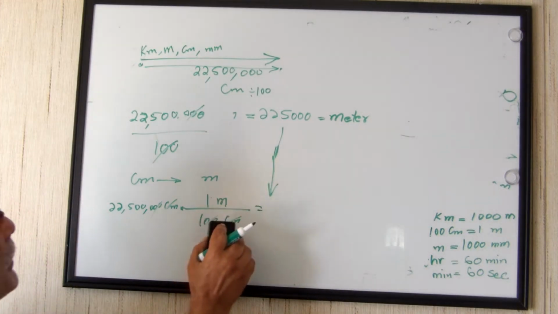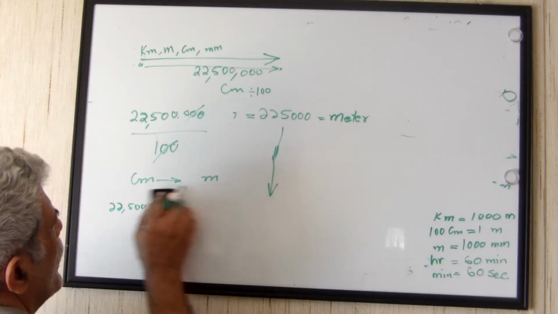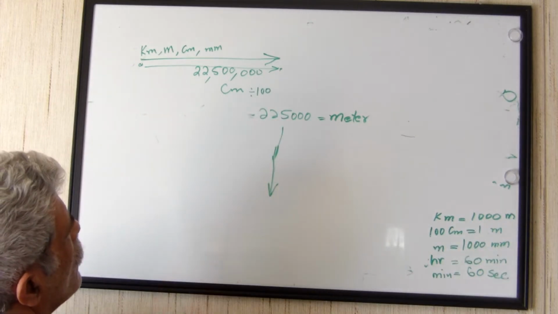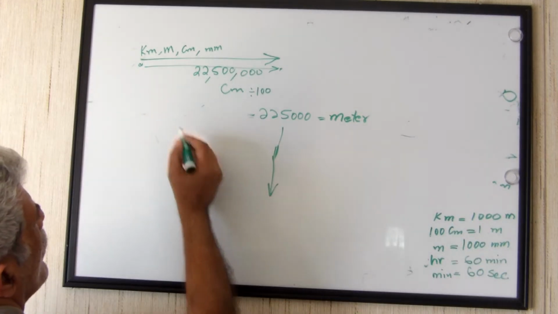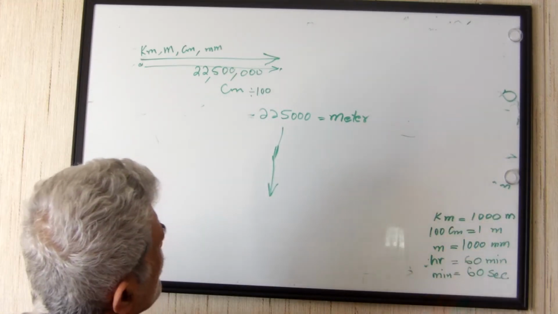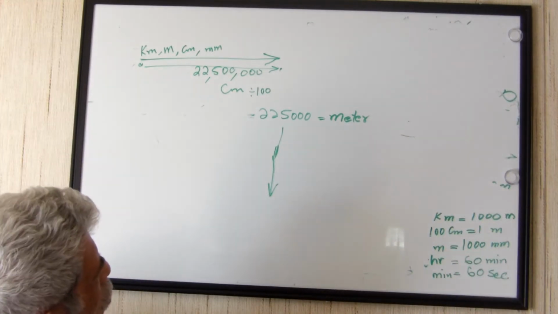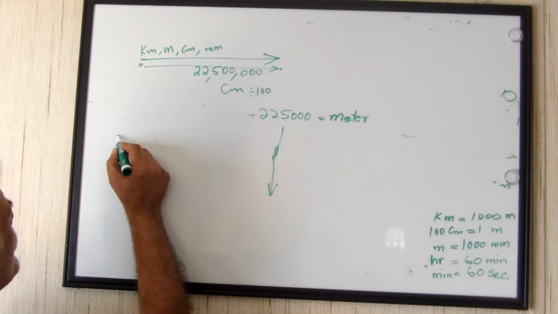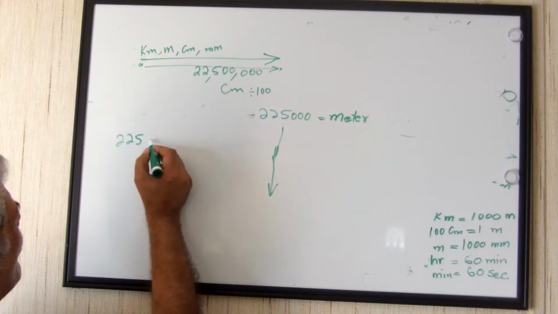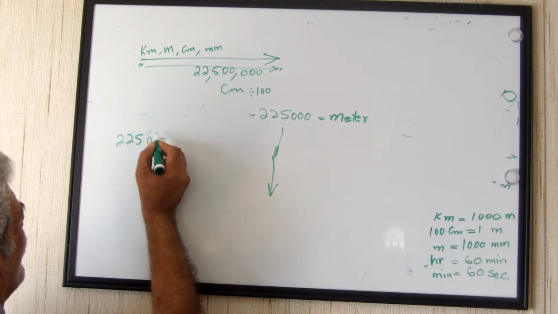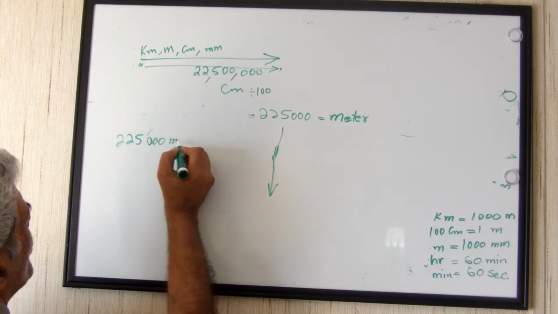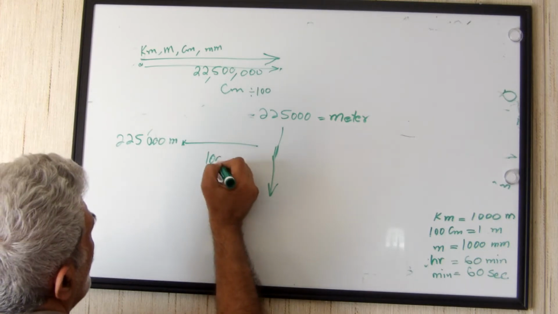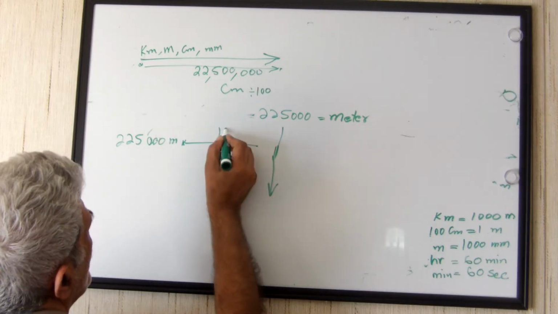Now we are going to change the meter, this is meter, to kilometer. See, every 1,000 meter would be 1 kilometer. So you divide it by 1,000. The way you do it, you say we have 225,000 meter. If you're going to change it to kilometer, every 1,000 meter is going to be 1 kilometer.